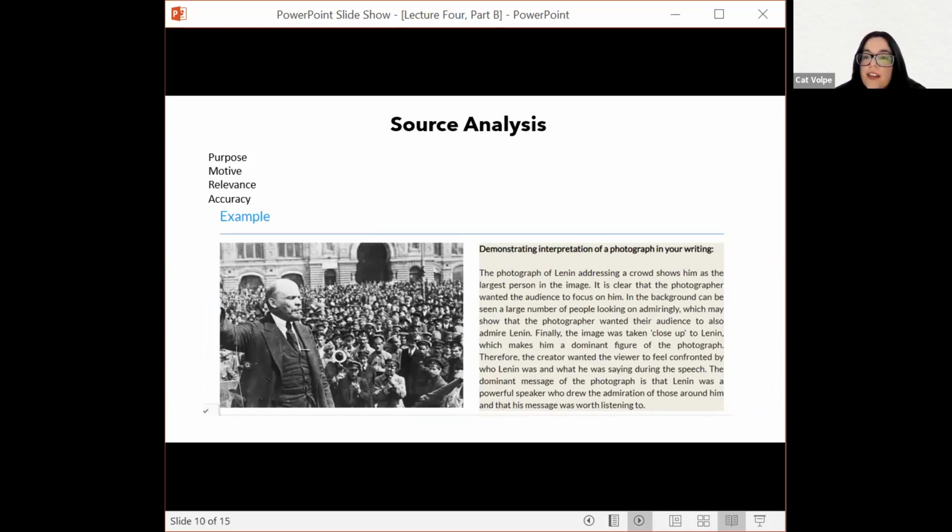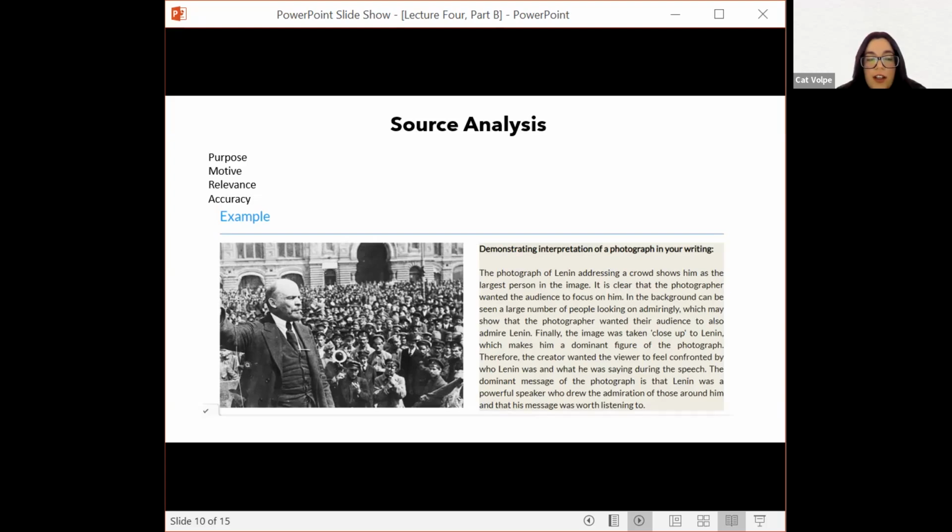So when we are analyzing sources as a means of determining the perspective of the source, it involves both understanding the perspective through analysis. So we actually need to analyze the source and also interpret what is being said through the source.